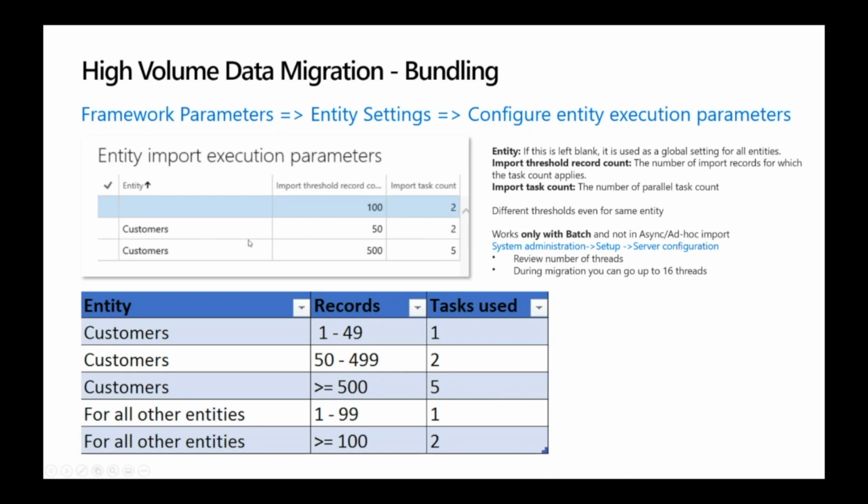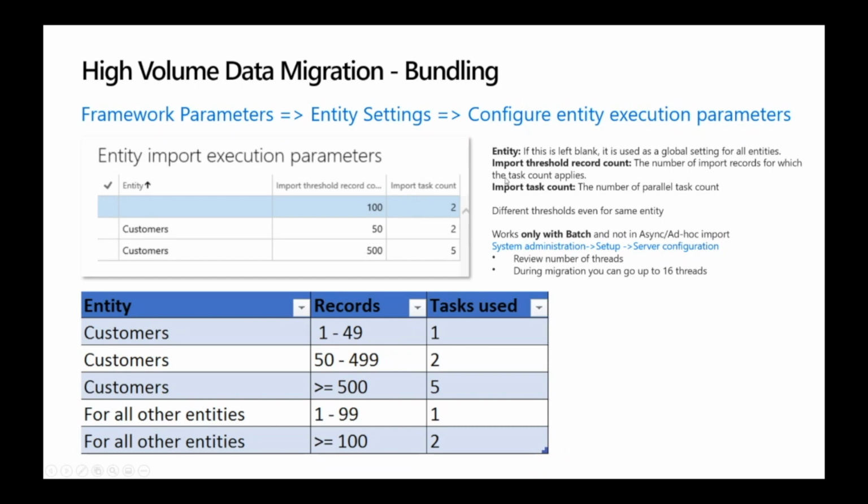For an entity, we can define multiple thresholds. In this case, for customers, if we present a data import file with less than 50, it will be single threaded. From 50 to 499, it will use 2 threads. And above 500, we're going to use 5 threads.